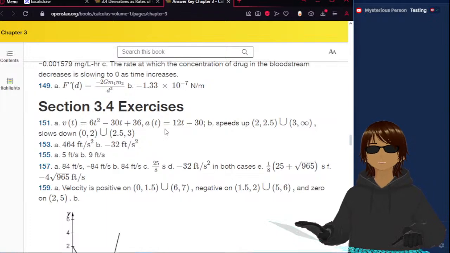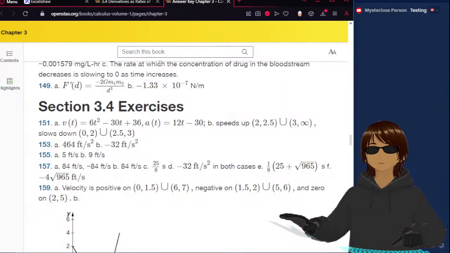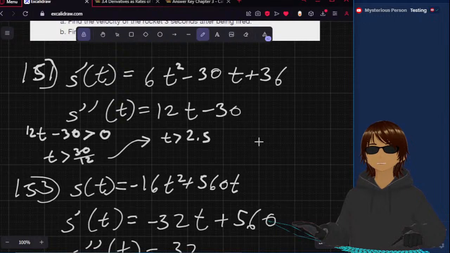Hold on, I don't understand. Speeds up, slows down. The acceleration is a straight line.